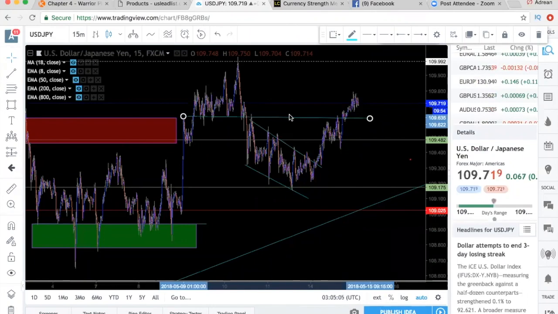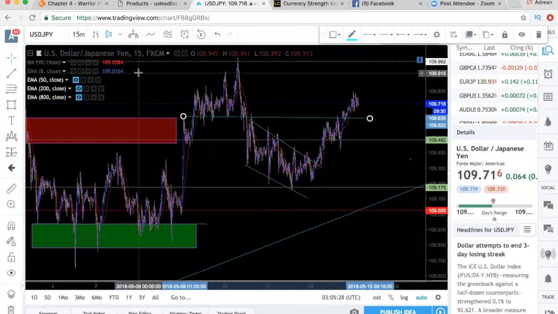The colors for my EMAs, or my SMA, excuse me, my SMA on the 8 is blue, and red is for my 18. And again, I don't use those for crossing or anything like that.